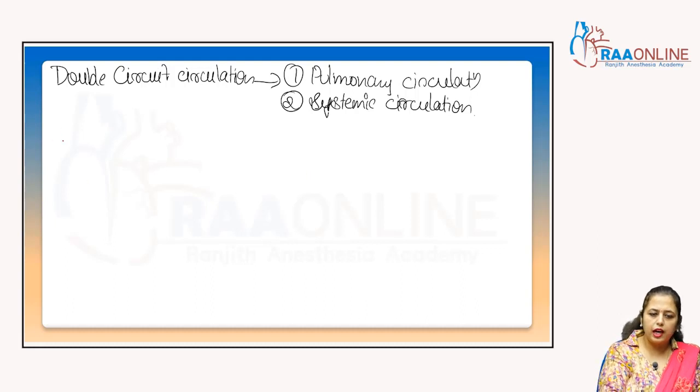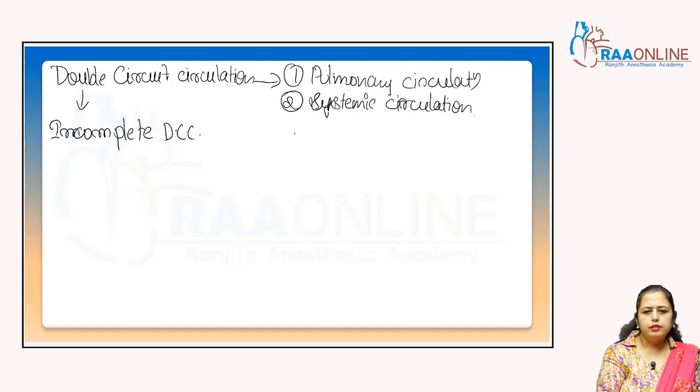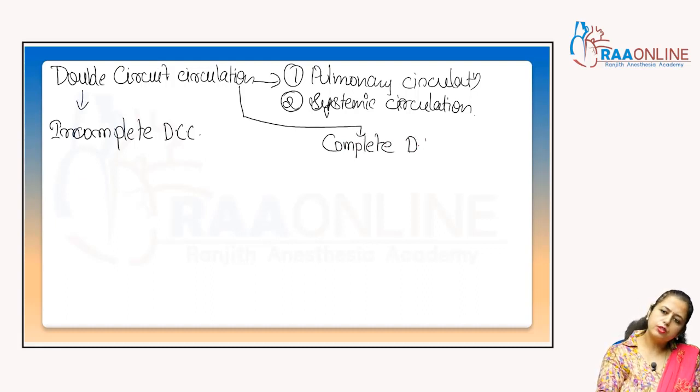So on the basis of that, we can say double circuit circulation is of two types, that is incomplete double circuit circulation and complete double circuit circulation.